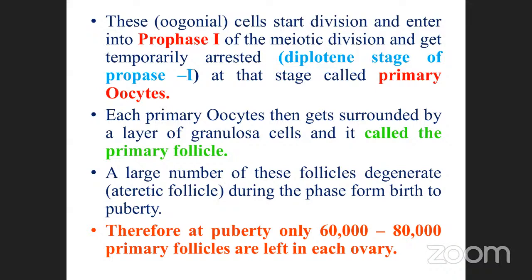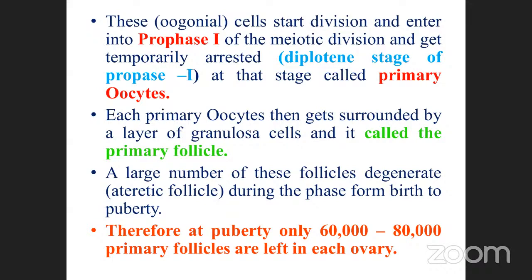Sometimes they may ask which degenerated follicle, and that follicle is called an atretic follicle. Therefore, at puberty, only 60,000 to 80,000 primary follicles are left in each ovary.